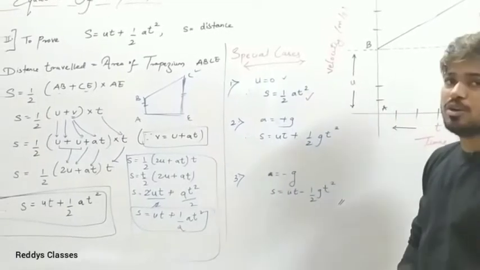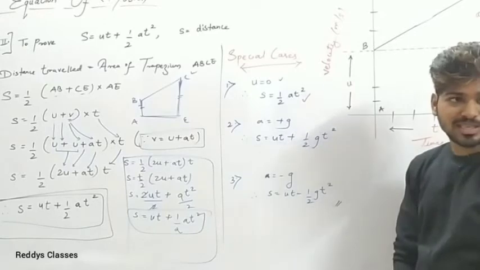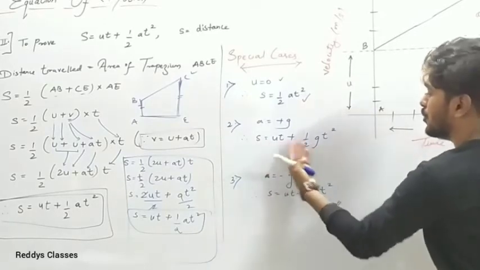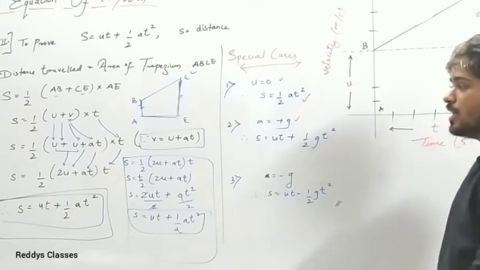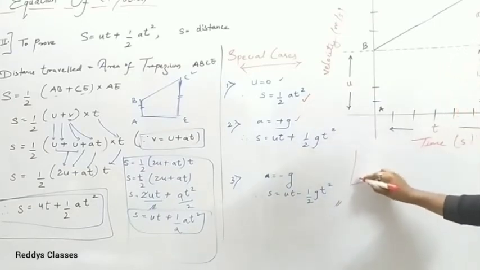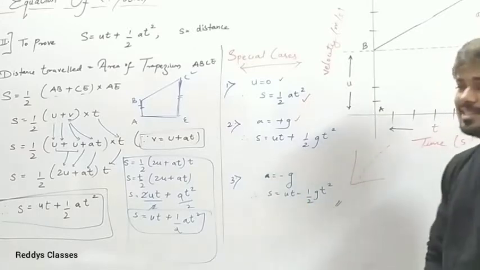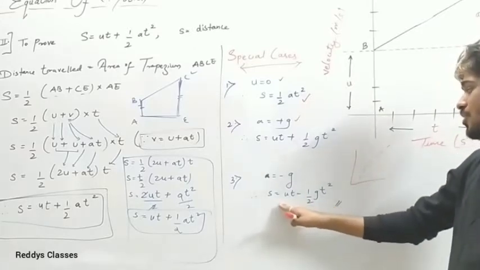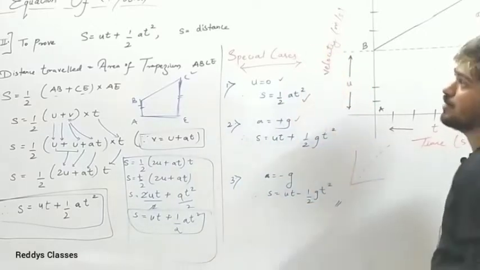Secondly, if A is equal to G, the body is freely falling on the ground, so A is equal to plus G, the gravitational acceleration is positive. S is equal to UT plus half GT square. And third, if the body is moving in a vertically upward direction, then A is equal to minus G, that is S is equal to UT minus half GT square. Okay, this is the second equation of motion.